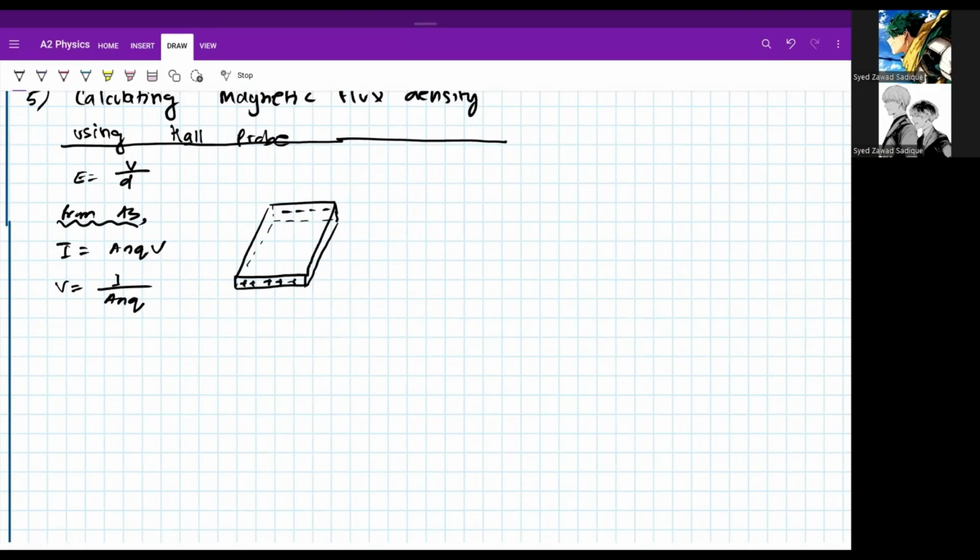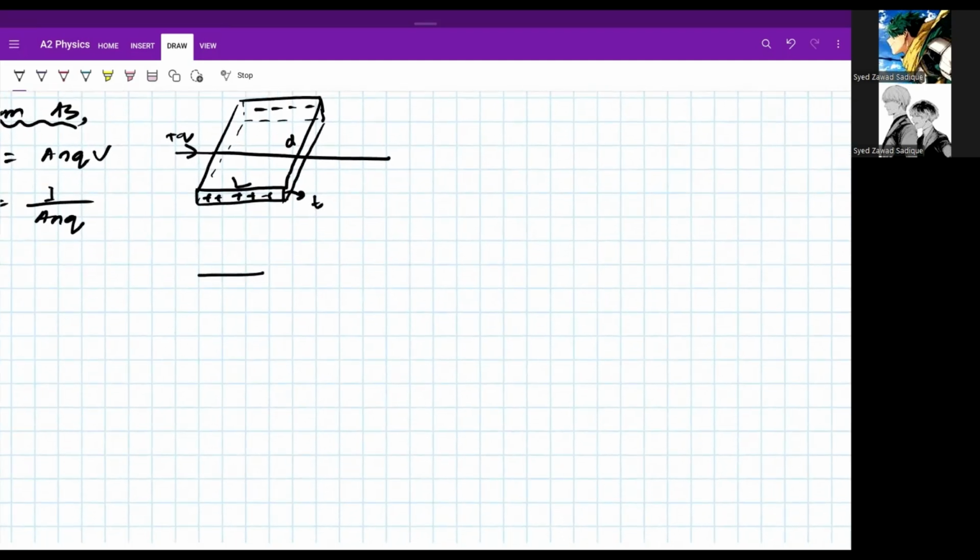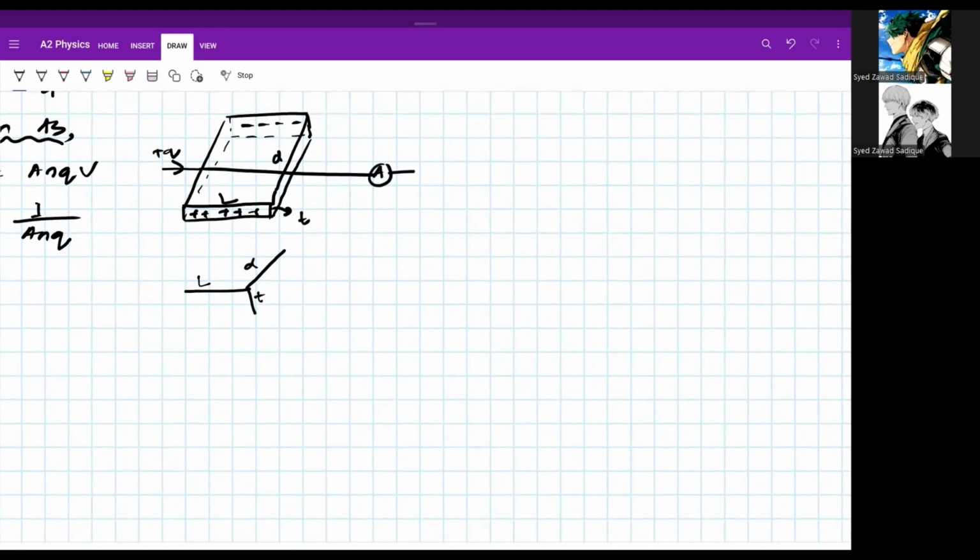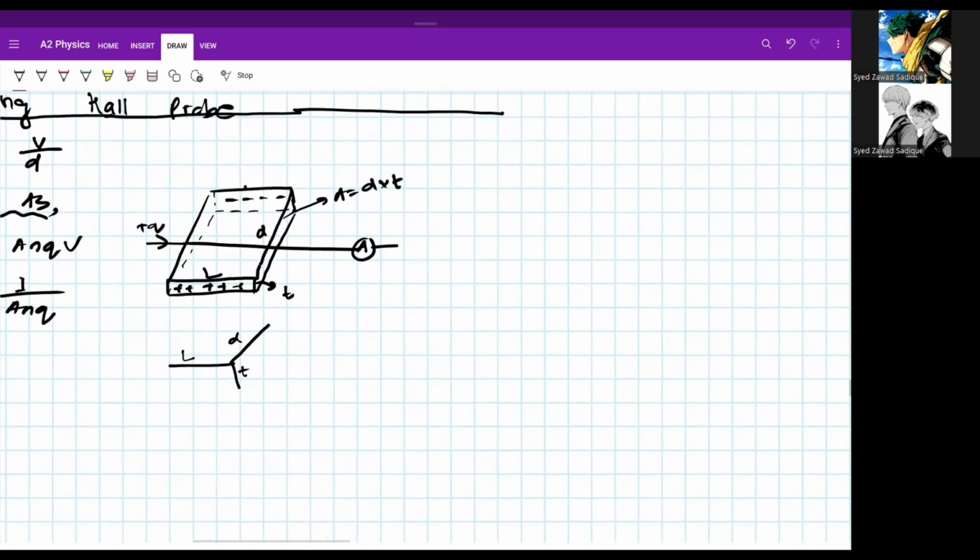Now, let's say the current is flowing in this direction, plus Q. Let's say this is L, this is D, and this is T. If we magnify it, this is L, D, T. So the area of this is D into T, and the dimensions are L into D into T.